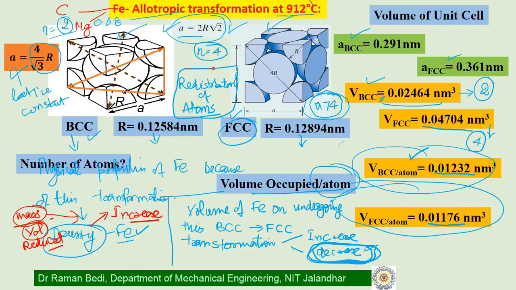Now how do you know what the transformation temperature is? Physically, are we able to measure that? We can, because once this transformation takes place, something is happening to the volume. The volume of the iron is decreasing. So we have an instrument called a dilatometer.